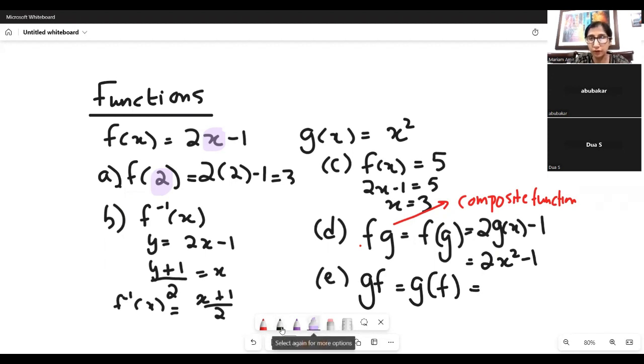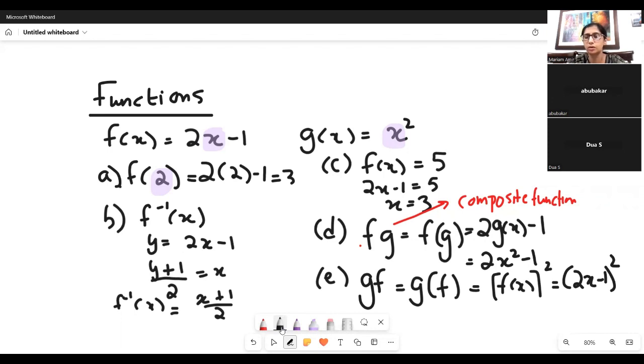So in the function g(x), this x gets replaced with f(x). So now it becomes f(x) whole squared, that would be (2x minus 1) whole squared. You may or may not further expand it, but that is gf. It's read as gf or g of f.